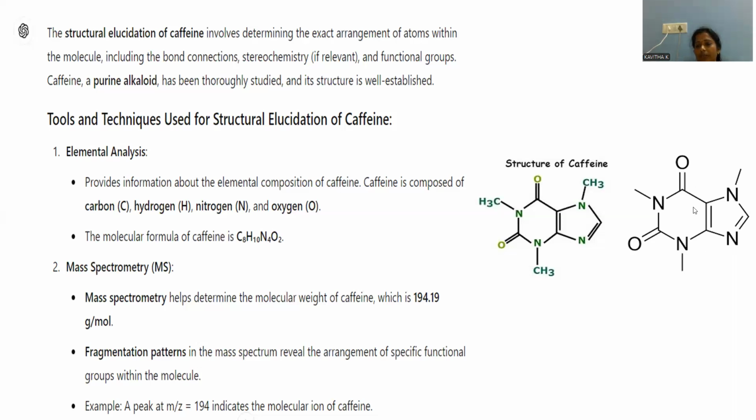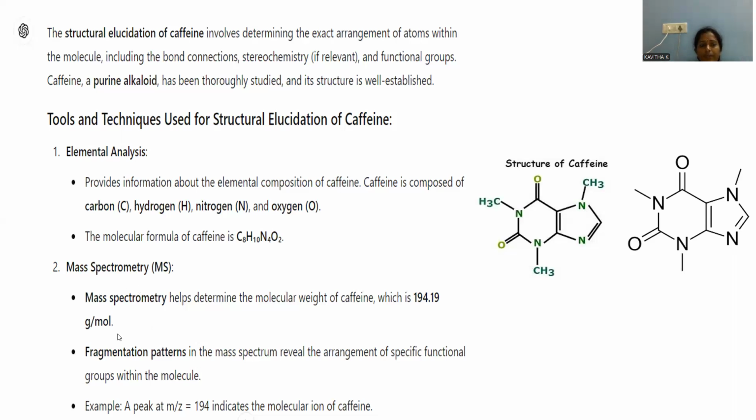So this is the representation, where you can notice the bonds. Simple bonds present on the nitrogen indicate the presence of a methyl group there. So these are two alternative ways we can represent caffeine.